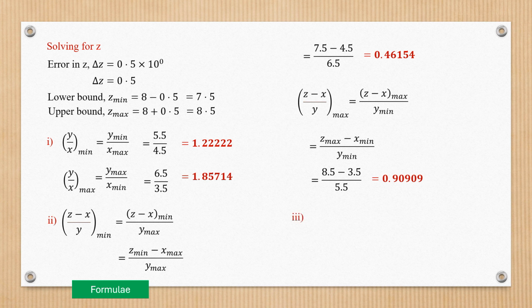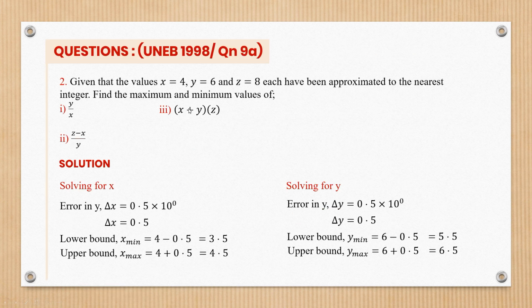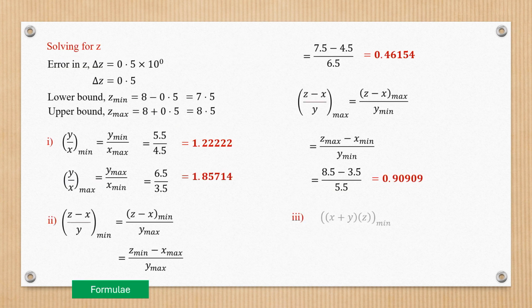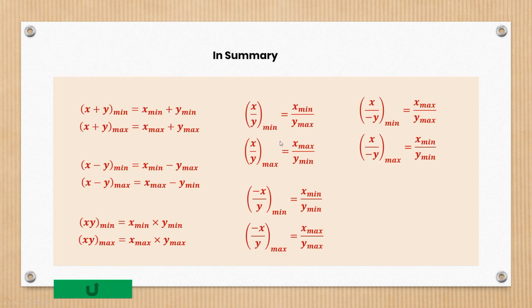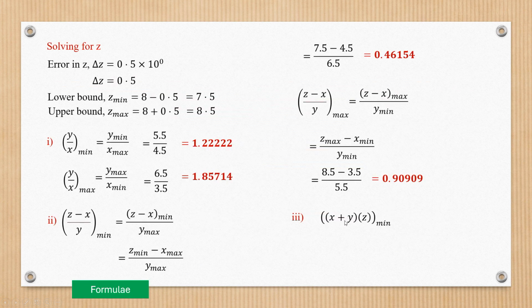Let's look to part 3. So in part 3 we're being asked x plus y times z. So this is product. Alright, so let's look at the product side. So now we're going to first find the minimum of this. Let's look for where we have product of this times that. So when we're finding the minimum, in product we'll have x min times y min. So that means we're going to have the minimum as x plus y min times z min.